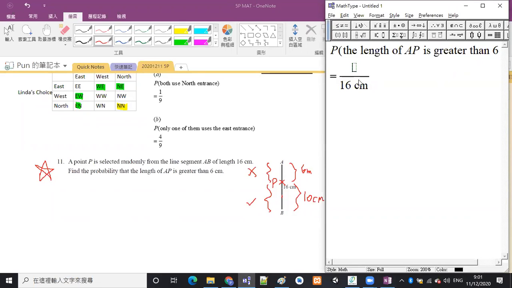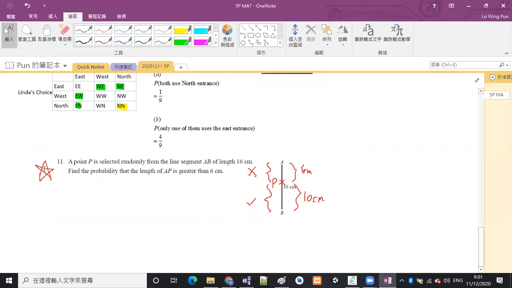Okay, the AP will be greater than 6 cm. So it is 10 cm. It's okay? And then the unit will be cancelled out. So remaining the number, and then you just simplify the fraction, that will be 5/8. Okay? So that is the answer for this question.